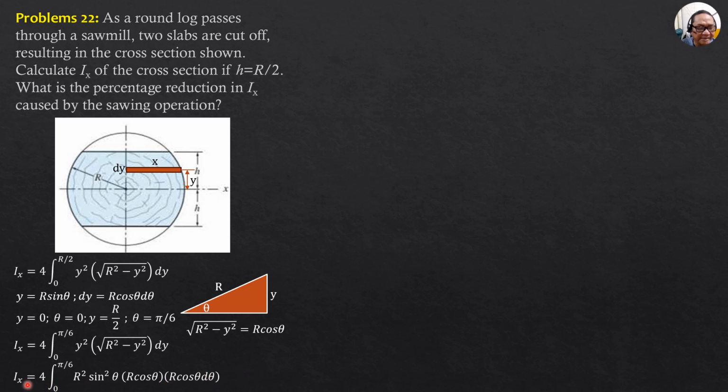So that becomes 4r to the fourth integral of sine squared theta cosine squared theta d theta. And using an identity, we replace sine theta cosine theta by sine 2 theta over 2. Then that would be quantity squared. So 4r to the fourth, 0 to pi over 6, sine 2 theta over 2 squared, differential of theta. So the denominator is 4.